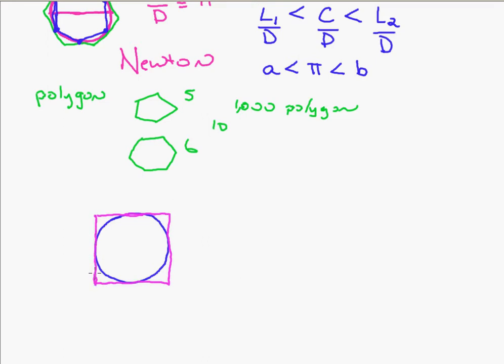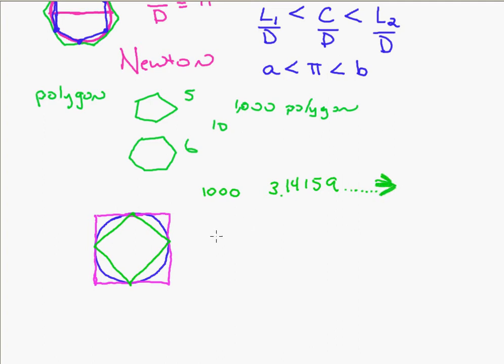In fact, my son's approximation using the string is going to be much better than the approximation using a square as your polygon. But this is just to illustrate the method. Four sides is going to be a very poor approximation, but if you were to use 1,000 sides or even 100 sides, you're going to have a pretty close approximation, and we know that pi is close to 3.14159 and so on. It just goes on and on and on indefinitely.